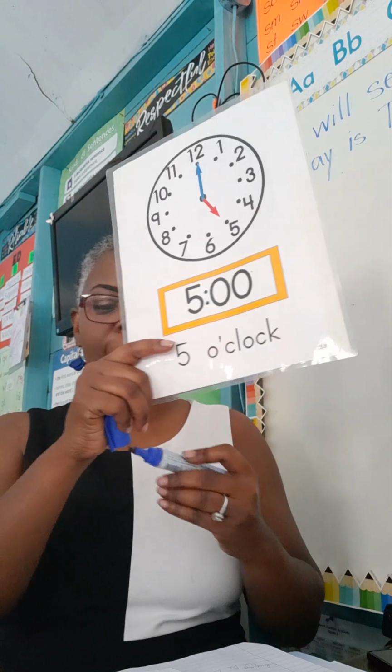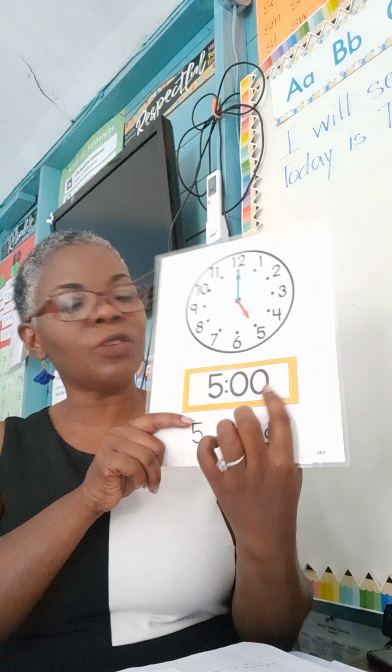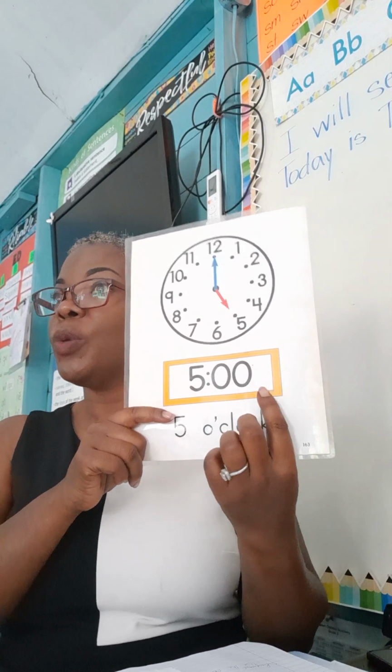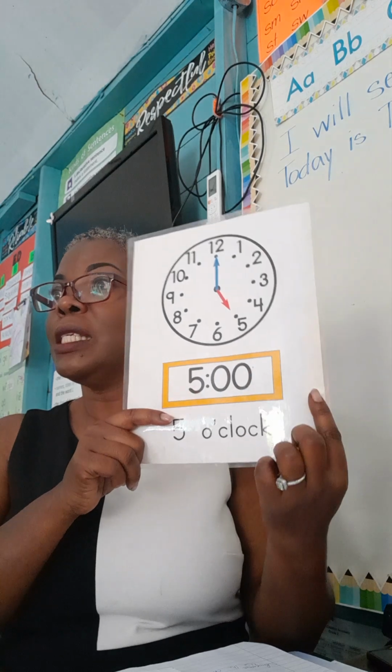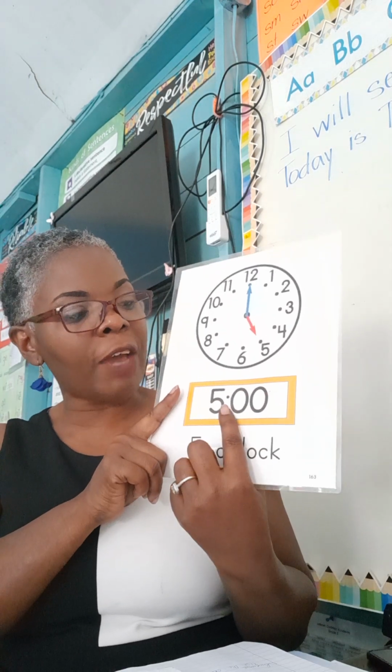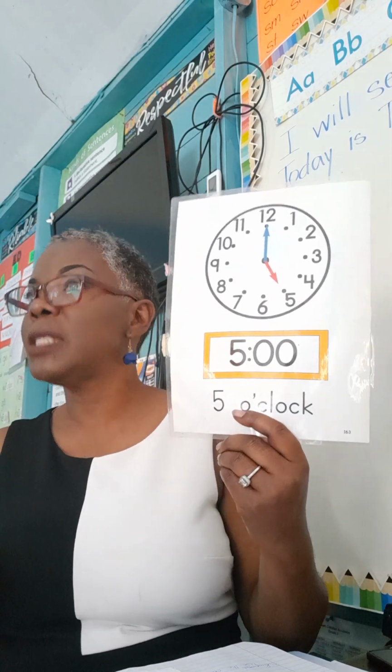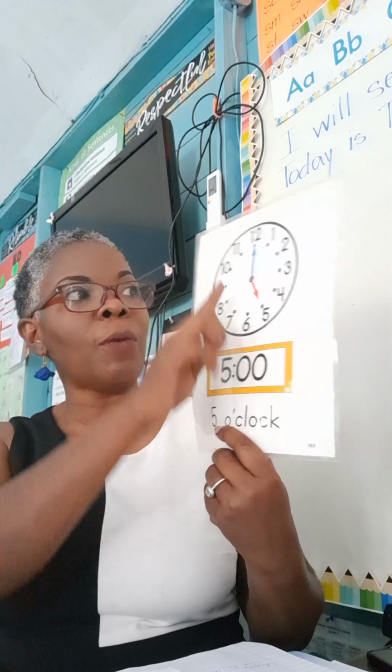So we write 0, 0, because after 5 o'clock, a new hour will start. What hour will you be looking at? 6 o'clock. So we start counting again from 1.